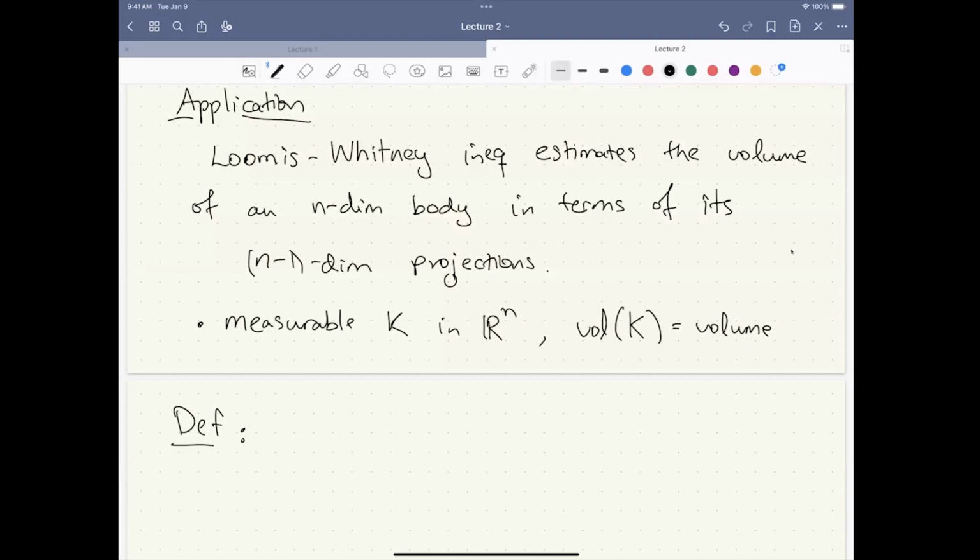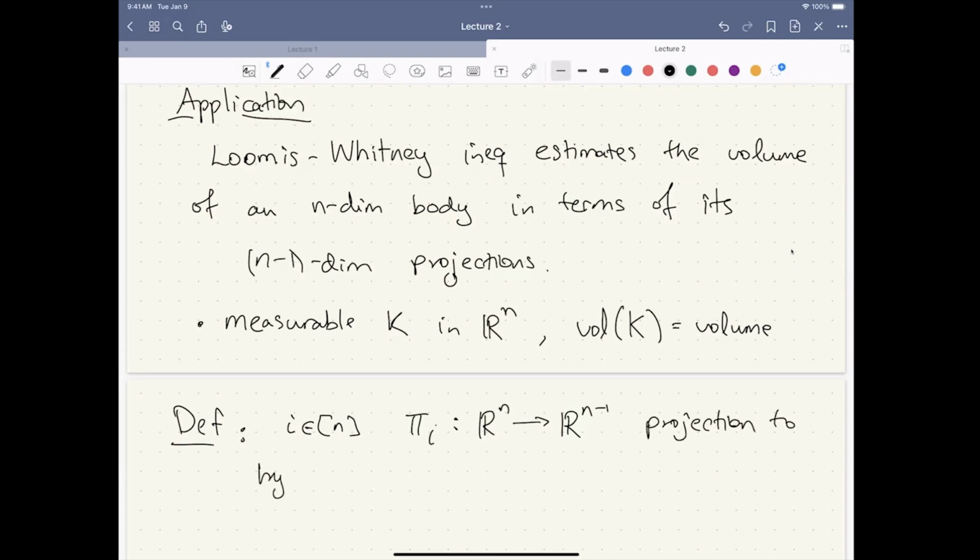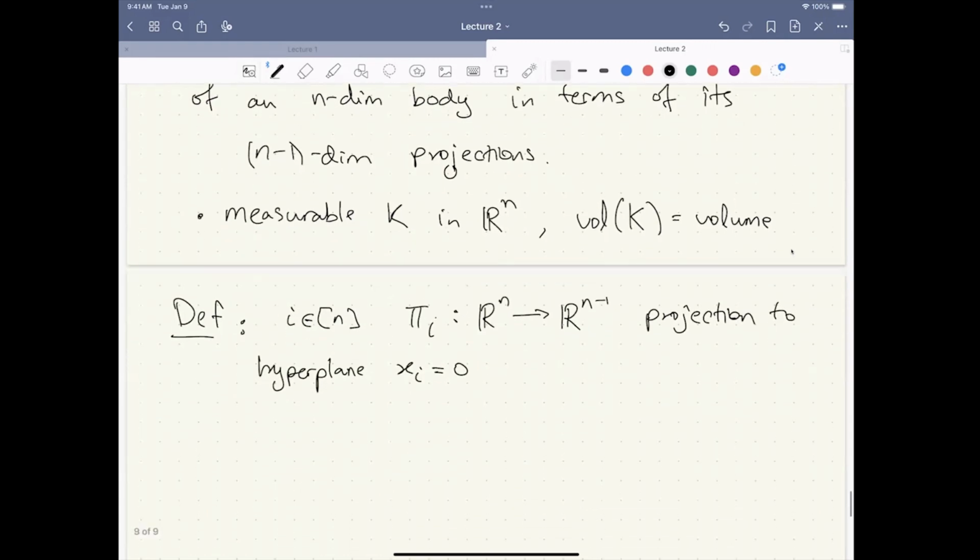Now for i in [n], let's define the projection pi_i. pi_i is the projection to n-1 dimensions, one dimension lower, to the hyperplane x_i equals 0.